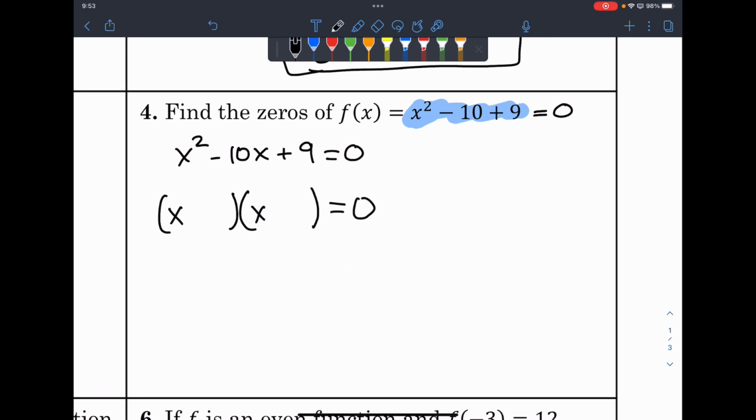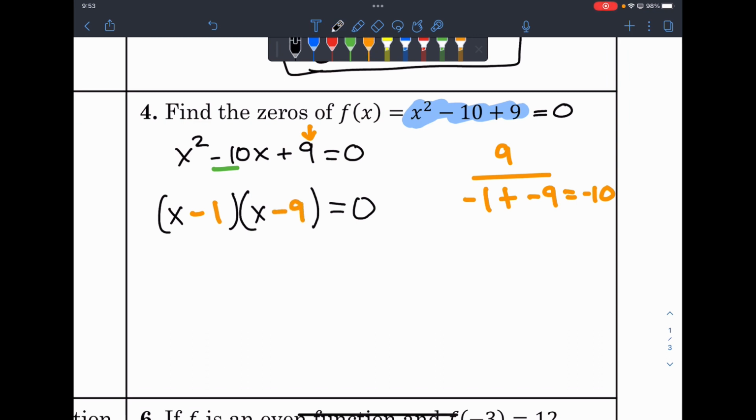Now the factors of 9 that add up to -10 are -1 times -9. Those two factors add up to -10.